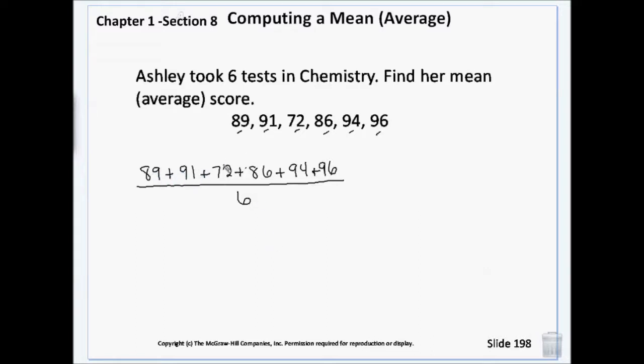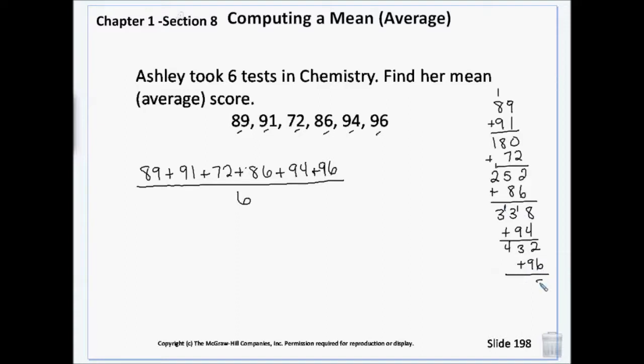Now, some of you can probably add this sideways that way. Some people might have a harder time with it. So we can add down: 89, 91, 72, 86, 94, plus 96, and that's all 6 tests.